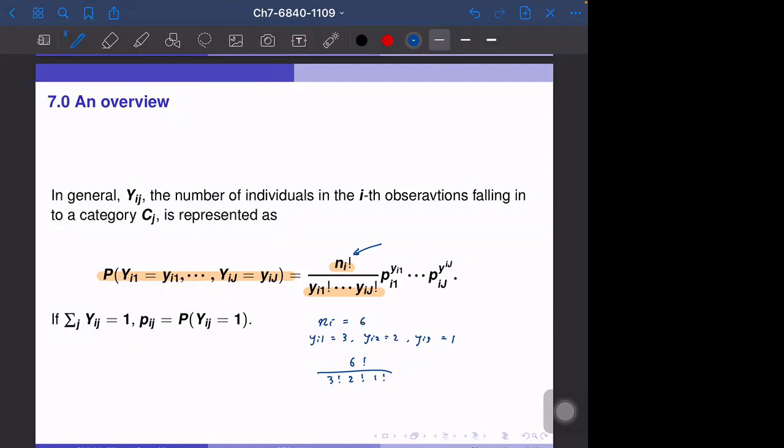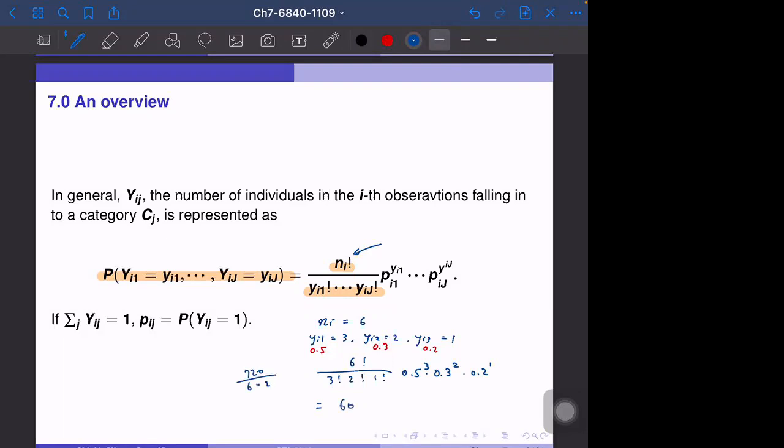Then the probabilities: for example, the first one has probability 0.5, the second 0.3, the third 0.2. That means the probability 0.5 happens 3 times, 0.3 happens twice, and 0.2 happens once. So 6 factorial is the product of 1 to 6, so 720, divided by 3 factorial times 2 factorial, which is 12, so that is 60.